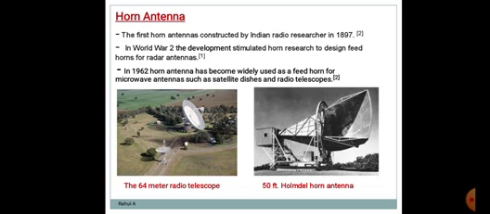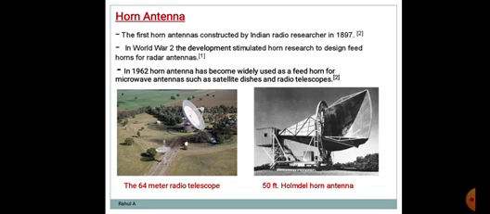In the year 1962, the horn antenna became widely used as a feed horn for microwave antennas such as satellite dishes and radio telescopes. Feed horn means, if there is a transmission system, the antenna is located some distance from the transmitter, so we have to carry the transmitted power from the transmitter section to the antenna.